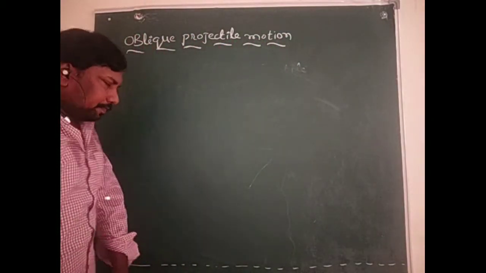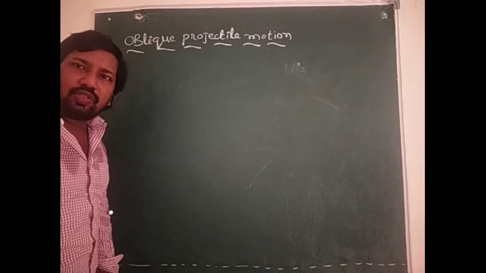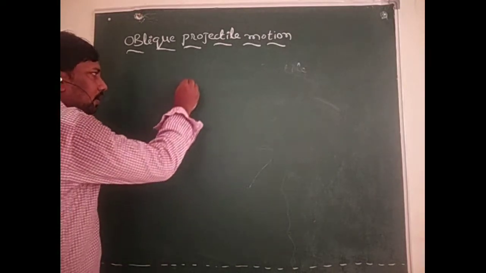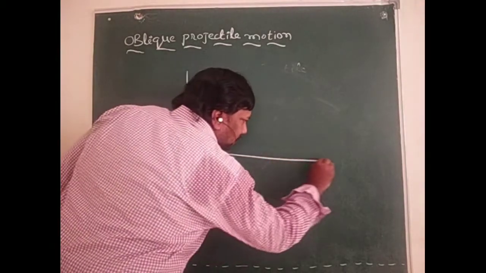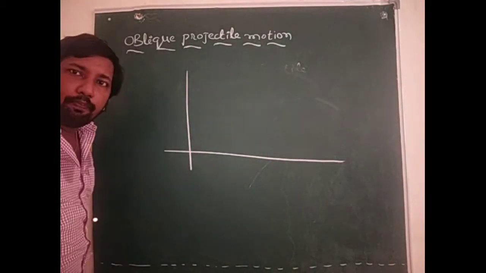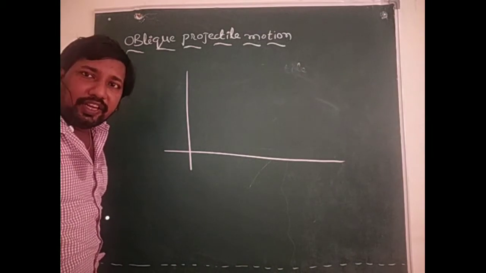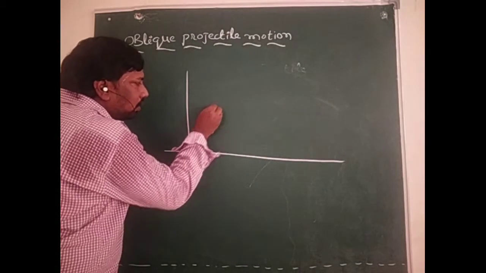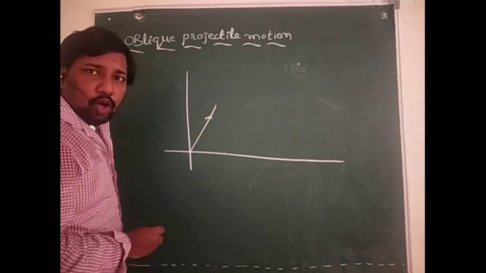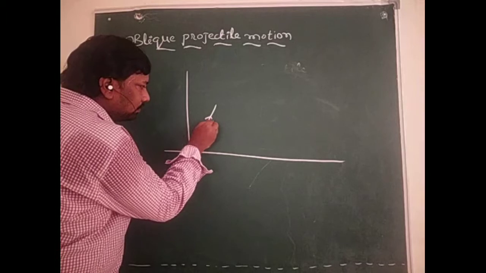Now, an object is projected into air with some initial velocity u, making an angle theta with the horizontal. Here this object is a ball.